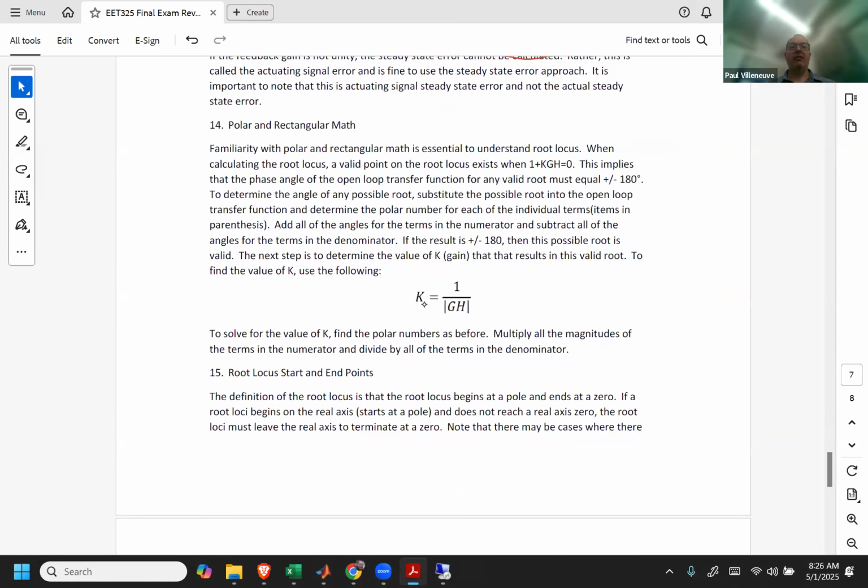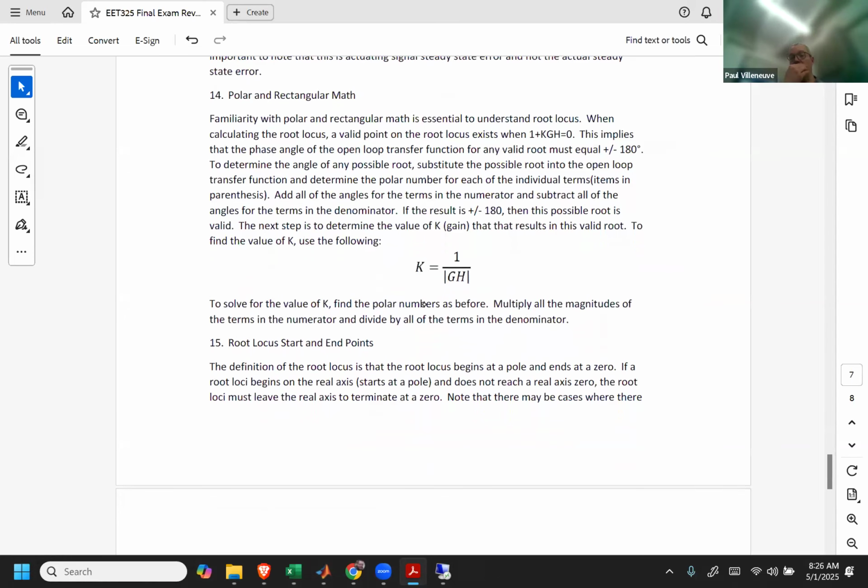And then our final topic, even though we didn't do a little bit of stuff on Bode plots, but this is just the final exam review. It's not the overall course review, it's just the final exam. But we did some polar and rectangular math. If we do everything in complex numbers, M1 at an angle of theta 1 times M2 at an angle of theta 2, you get that.